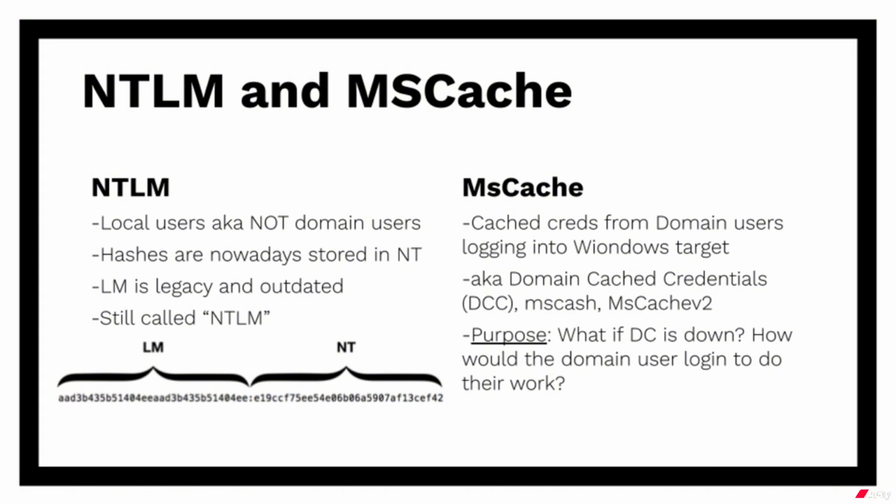MS cache, or domain cached credentials, are passwords of domain joined users that have logged into specific Windows targets. Since these users authenticate with a remote domain controller, the MS cache is set to allow users to still log in if they're offline or on a different network, or basically any place where they can't reach that DC to authenticate.